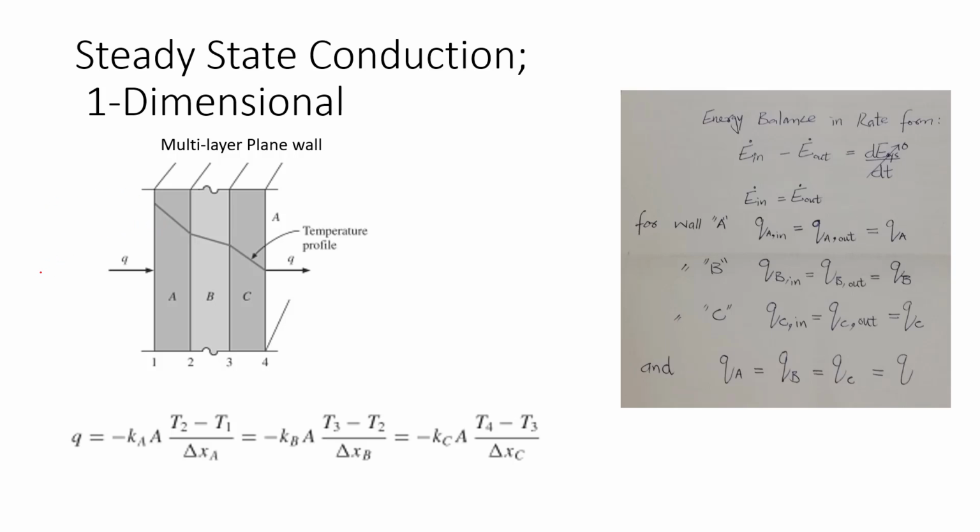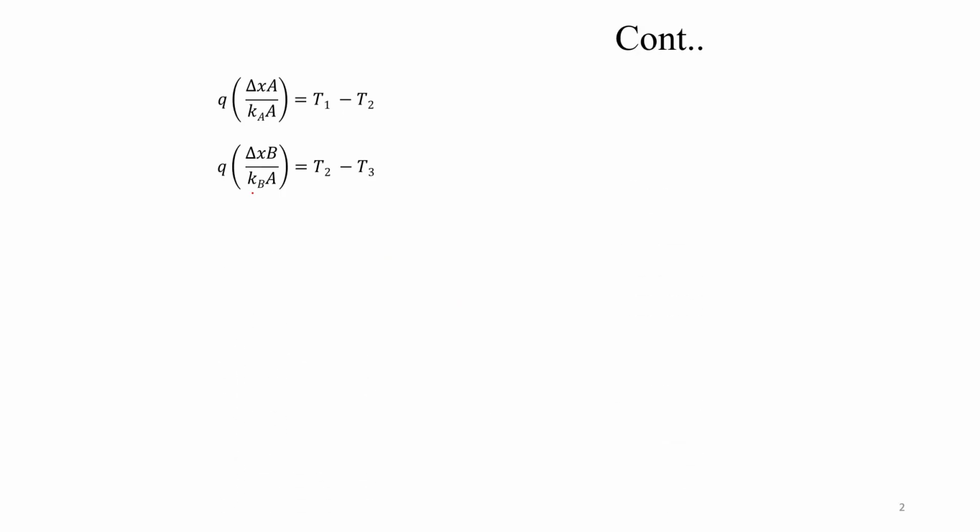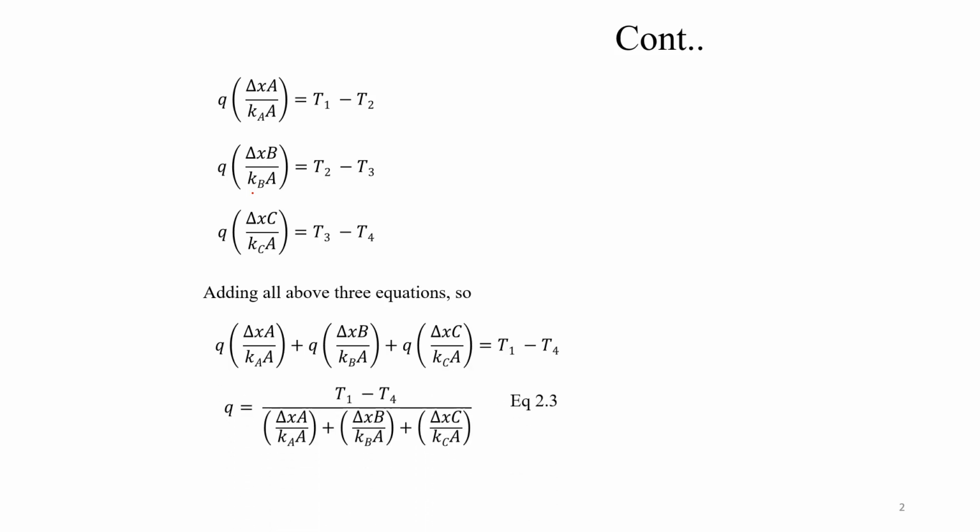Now what if there is some fluid on this face of the wall, and there is another fluid on the right of this composite wall, and let's say this fluid has a much larger temperature than this fluid. Obviously the direction of heat flow will be from left to right, but this equation will change a little.